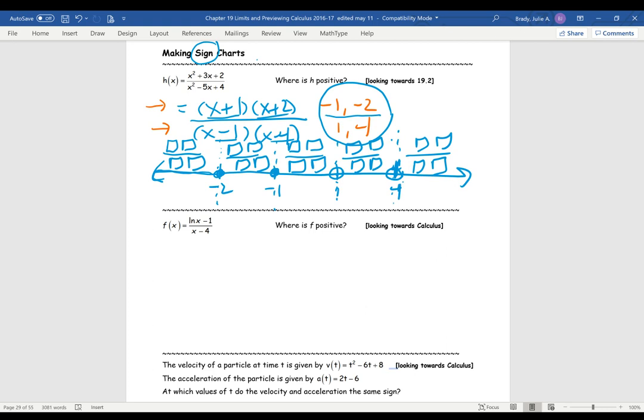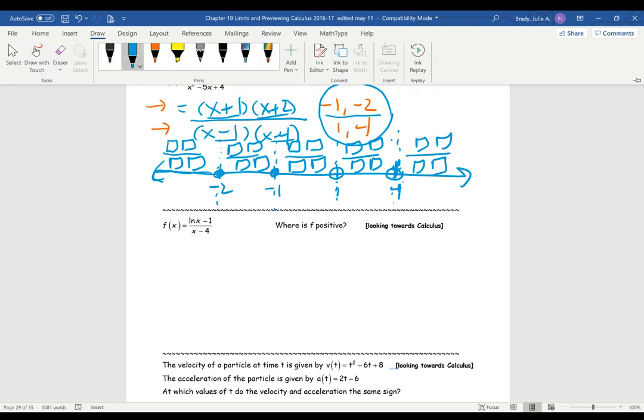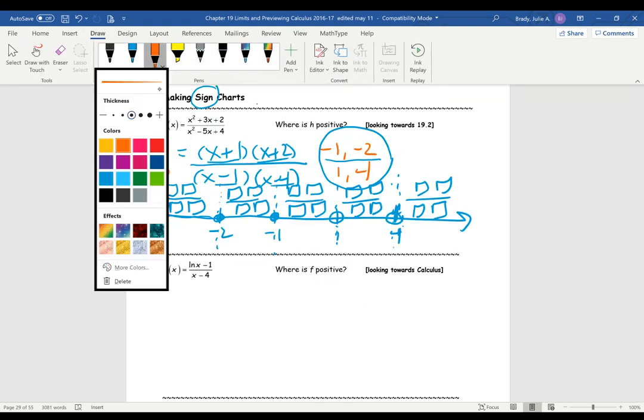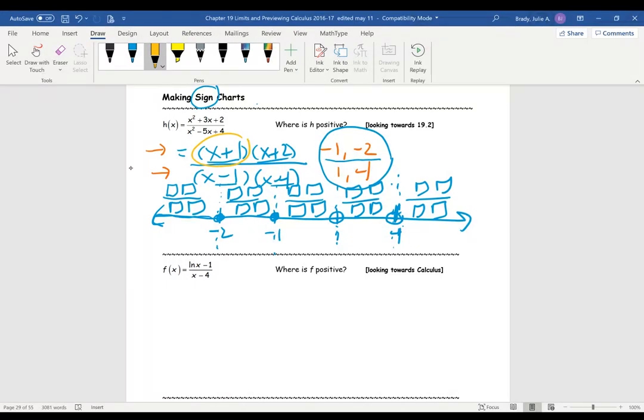What I'm going to do is look at each factor. I'm going to change colors as I go. I'll use yellow for the first one. If I just look at this factor, what makes that factor be 0? That's when you get negative 1. Think back to Algebra 1: if you pick a number that's bigger than negative 1, like 4, 5, 7, a million, that factor will always be positive.